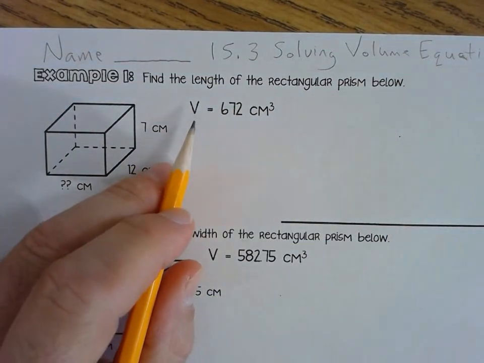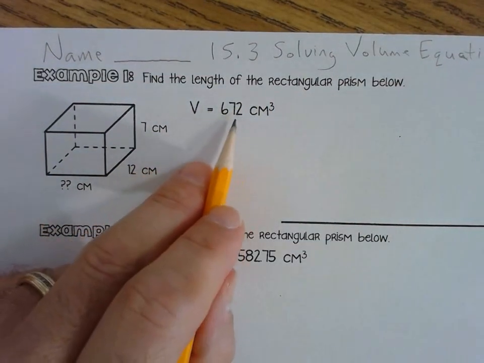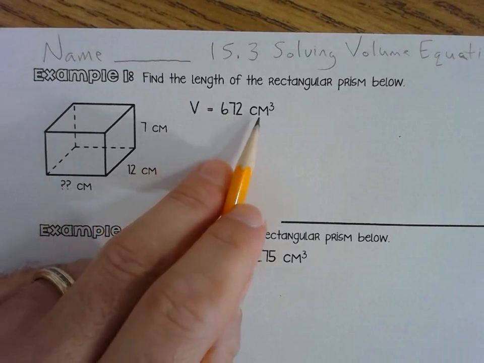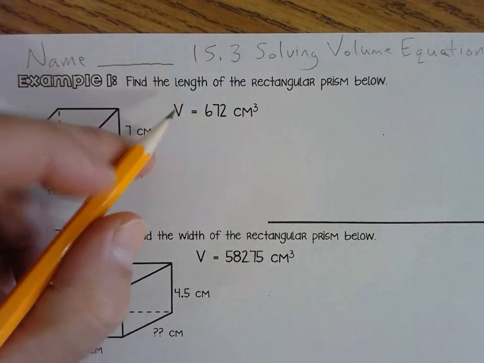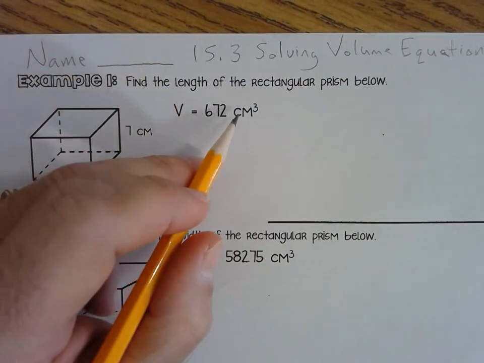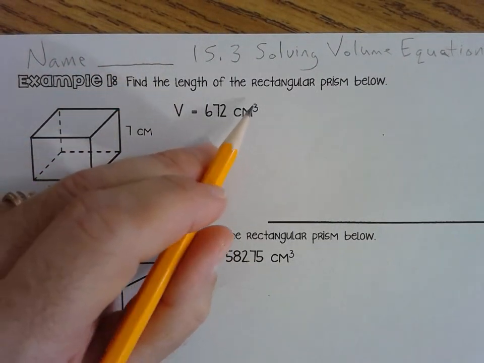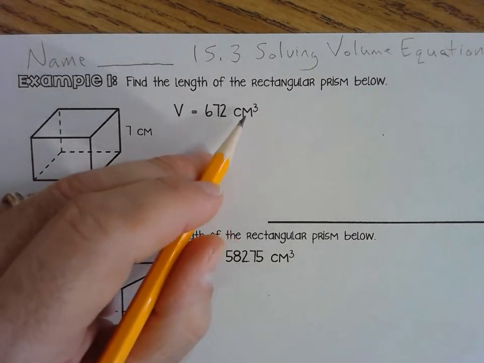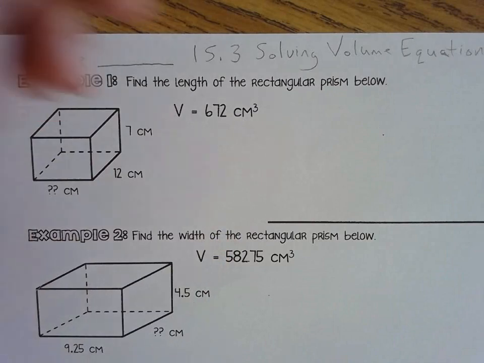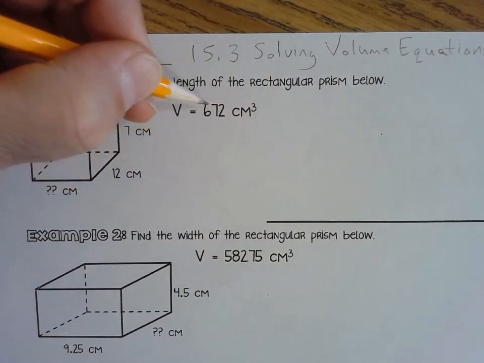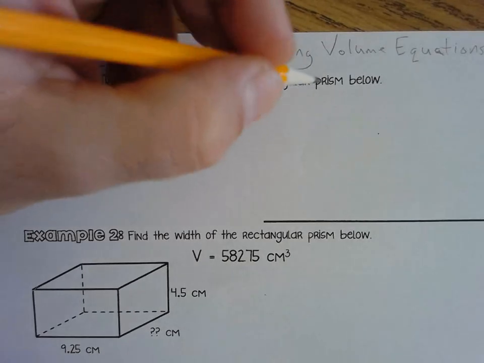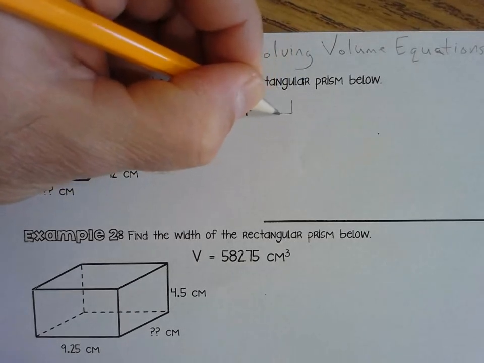Alright, so they give you the volume. They tell you that it's 672 centimeters cubed. Remember guys, your answer for volume is always going to have the little 3, like a little exponent, and it means cubed. What does that actually mean? Let's say I have a cube.